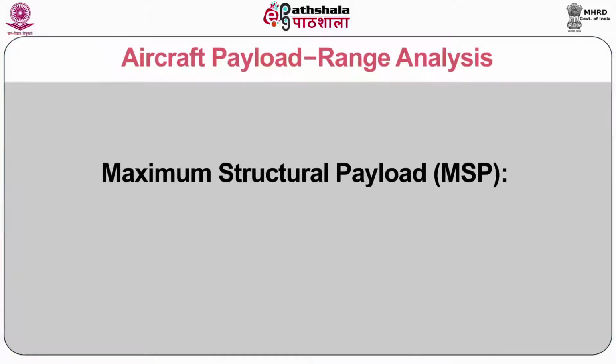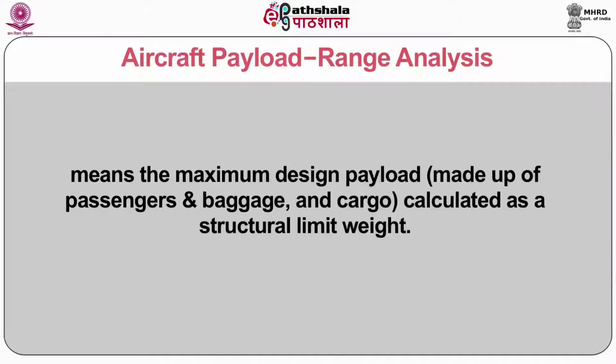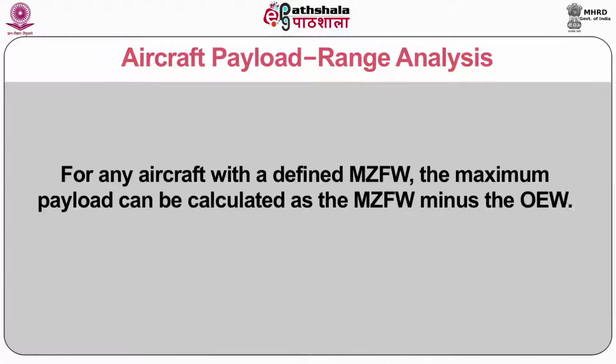Maximum structural payload, that is MSP, means the maximum design payload made up of passengers, baggage and cargo, calculated as a structural limit weight. For any aircraft with a defined MZFW, the maximum payload can be calculated as the MZFW minus the OEW.